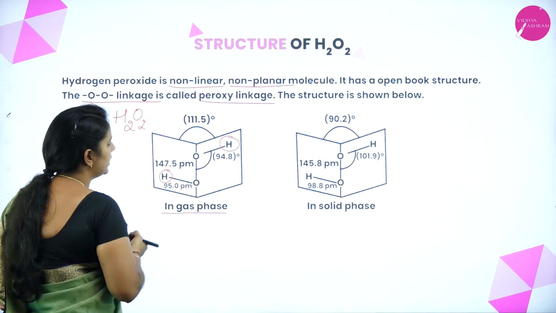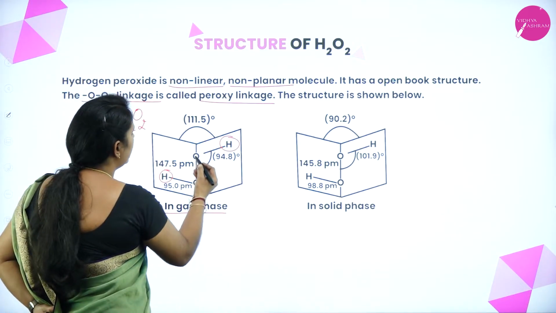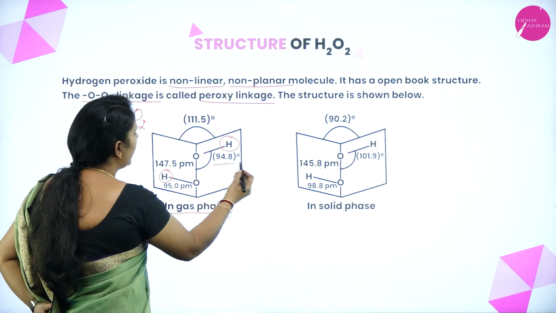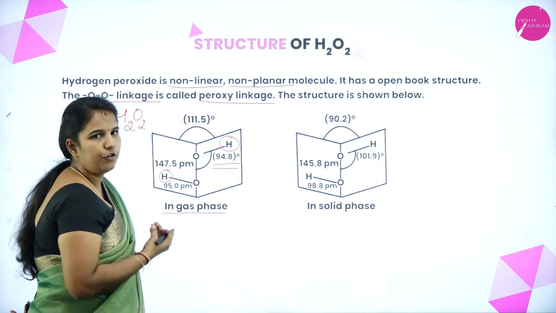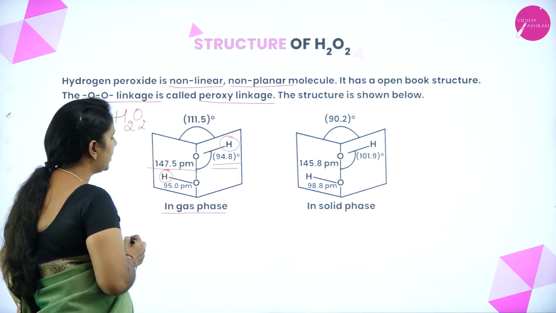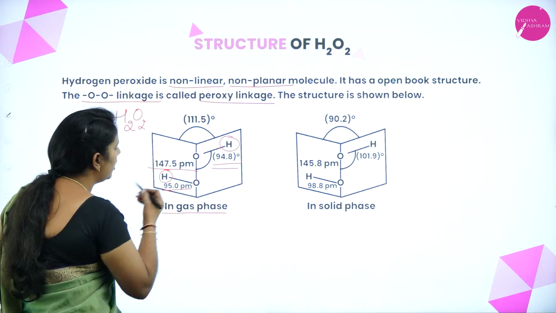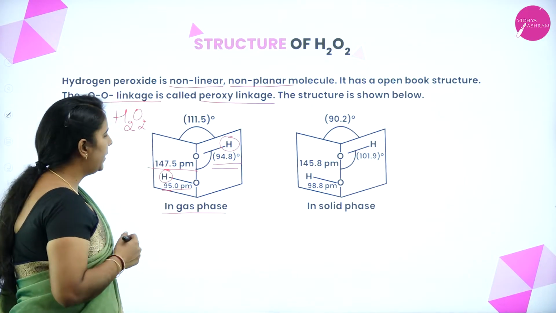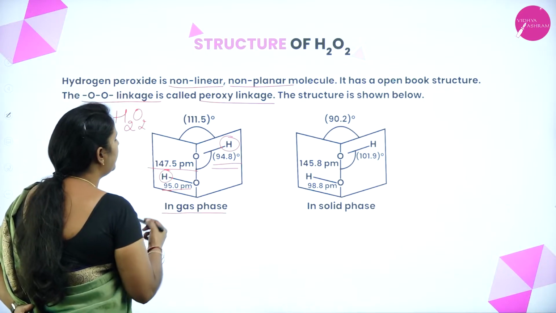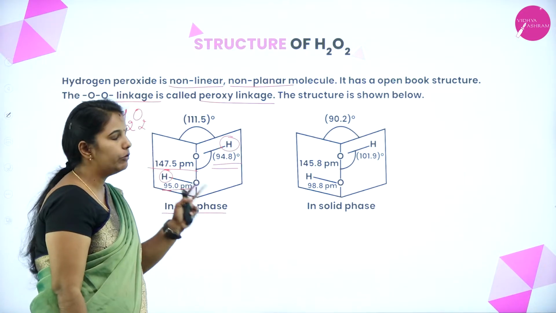Between these two, you can see that the peroxide linkage will be there, and between the two oxygen atoms, we have a bond angle around 94.8 and a bond length around 147.5 picometer. The bond length of hydrogen and oxygen is around 95.0 picometer, and the bond angle between oxygen and hydrogen will be 111.5 degree.